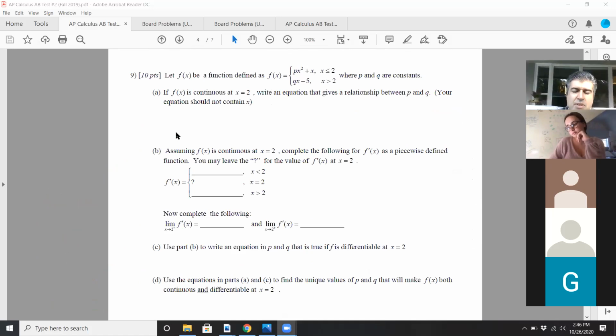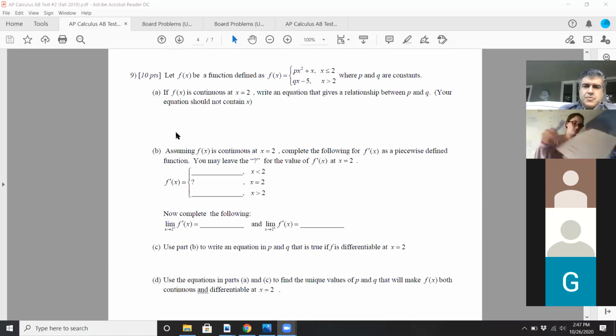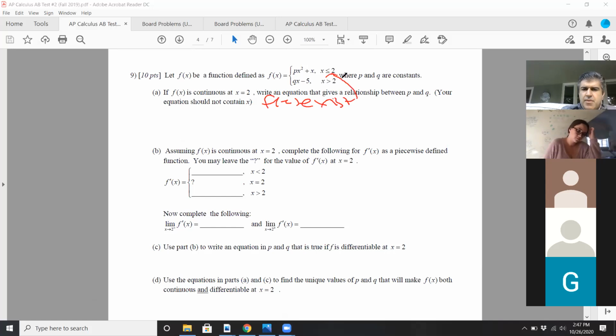Okay, so this is kind of like number 39 from homework 12 that I went over just a few minutes ago. So you want this to be continuous at x equals 2. So then this also has to happen. You need f of 2 to exist, which of course it will, because it's right there.